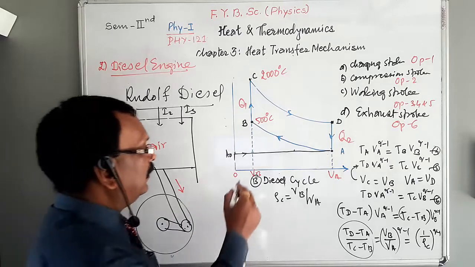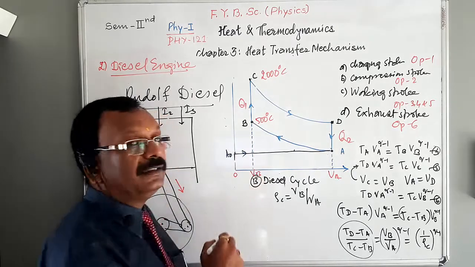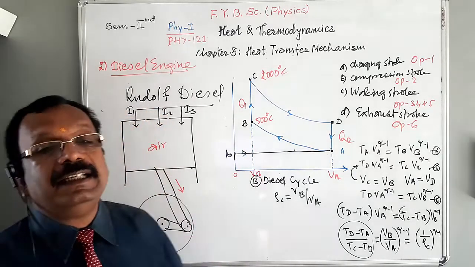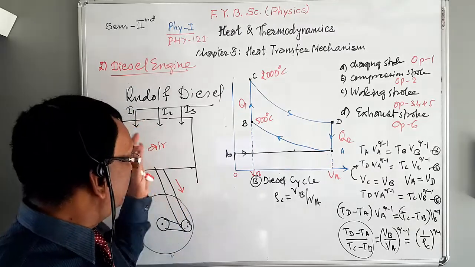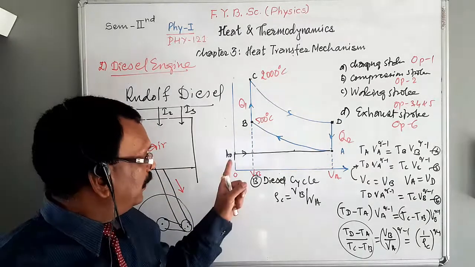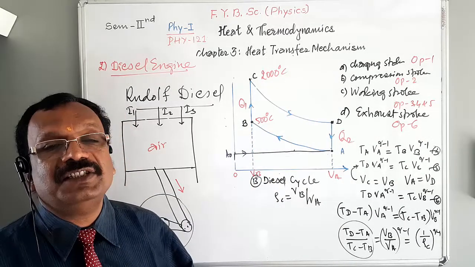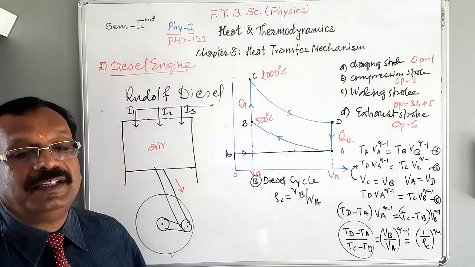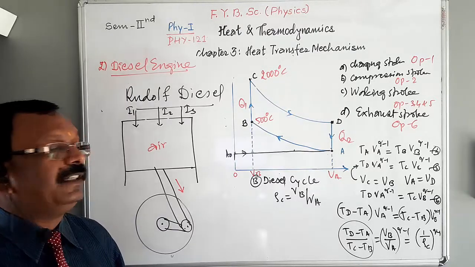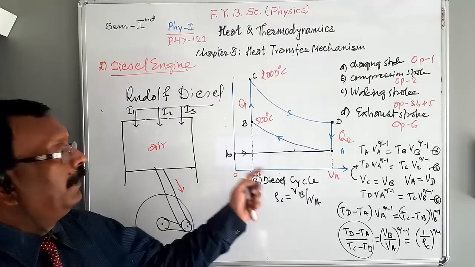Remember that the charge, that is air, is taken inside the cylinder at constant pressure. So this is an isobaric change. Operation 1 is an isobaric change, and this operation is represented by the line A0A.